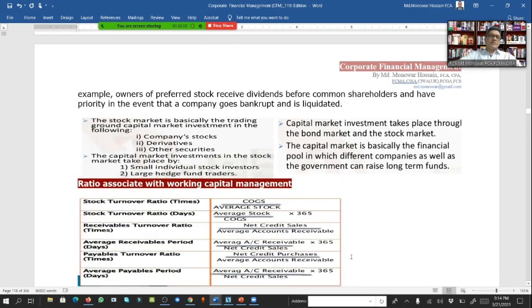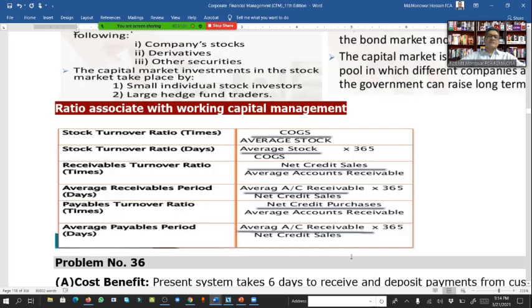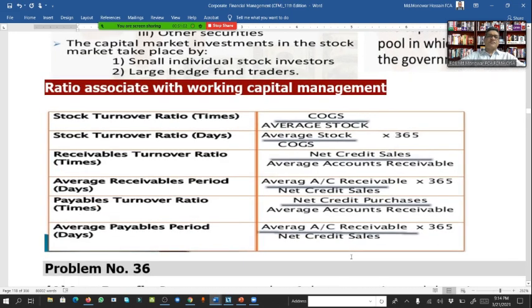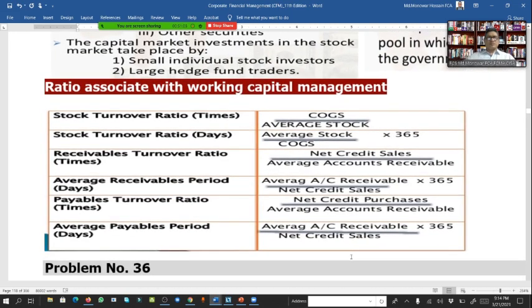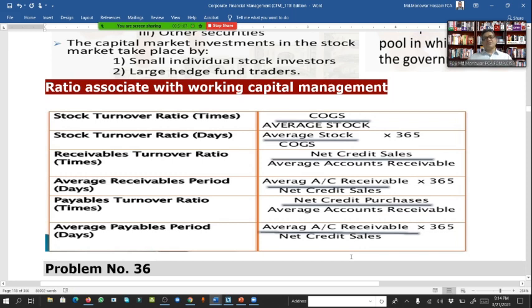Associated with working capital management, there are a few ratios we can use. Stock turnover ratio generally gives the result in times: cost of goods sold divided by average stock gives the stock turnover ratio.